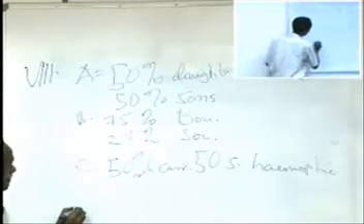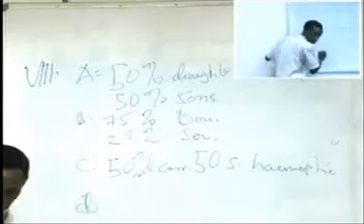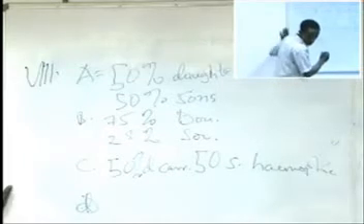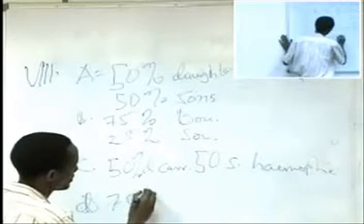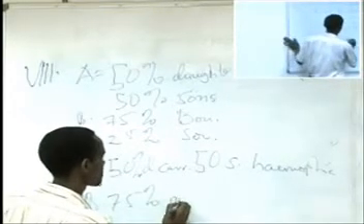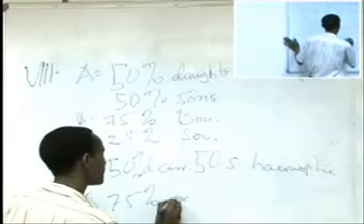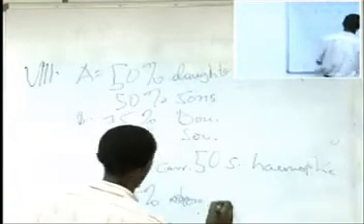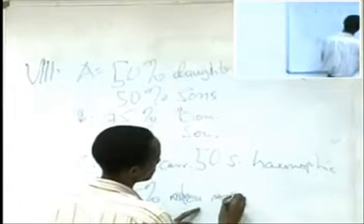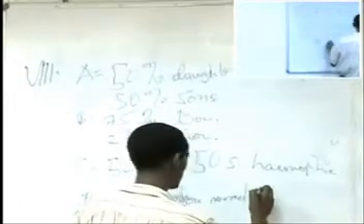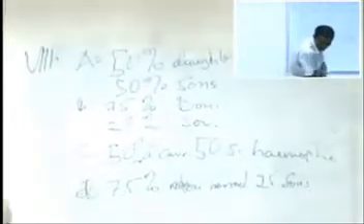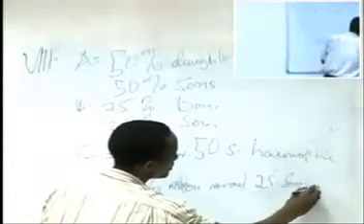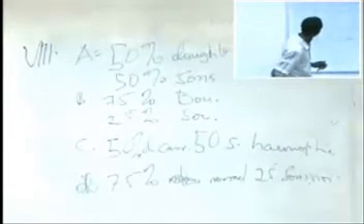D. 75% daughters normal and 25% sons normal.